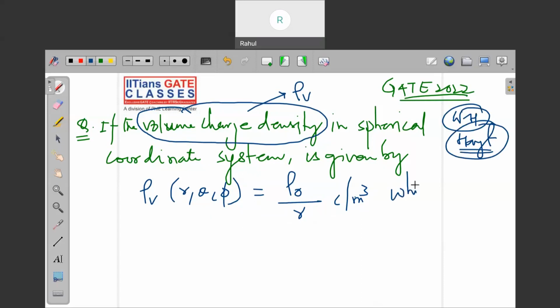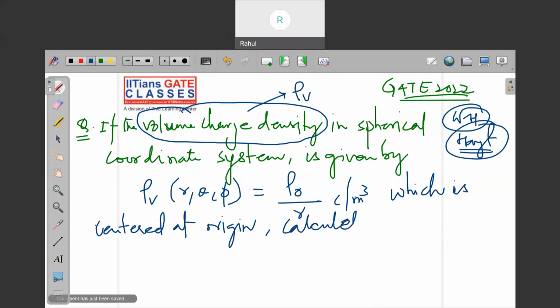These problems look scary, but they are very easy, right? So centered at origin, what you have to calculate? You have to calculate the total charge in a sphere.